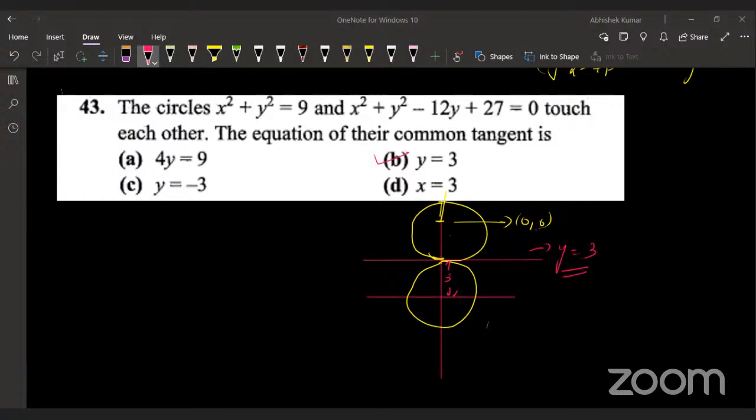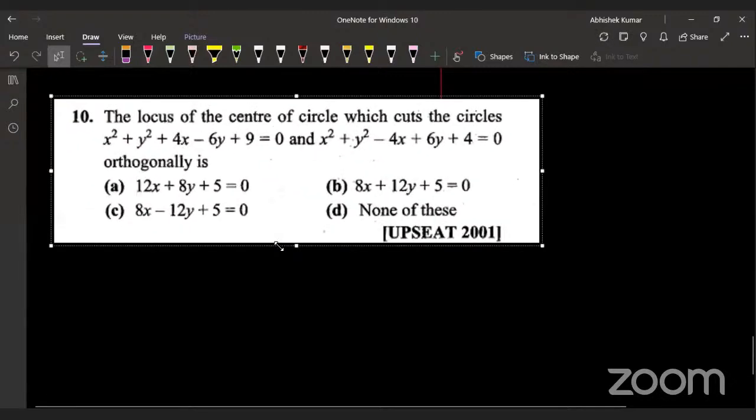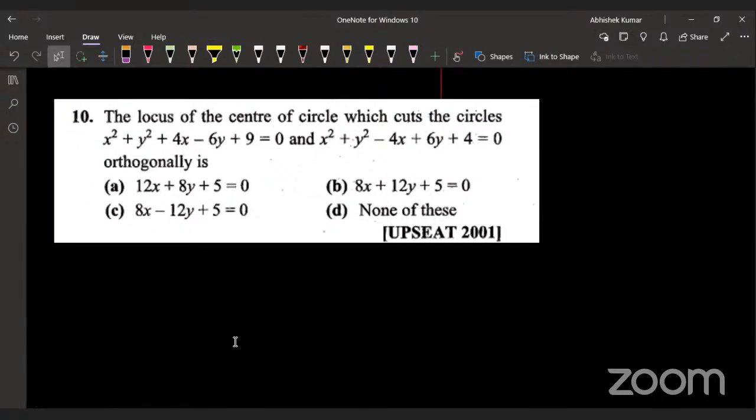Okay, now let's have one past year question. Basically, sir, all the questions that come in JEE Mains on circles are almost directly formula based, right? Formula based, see, you can apply the formula if you understand what exactly they are saying and what they are asking.